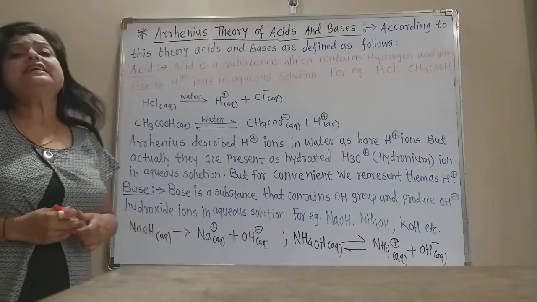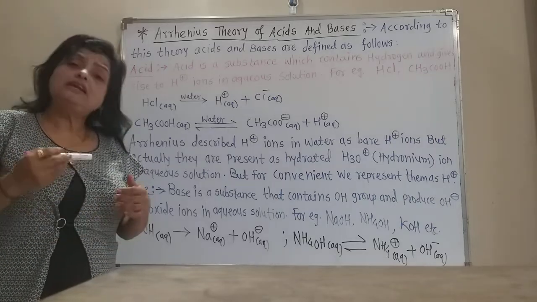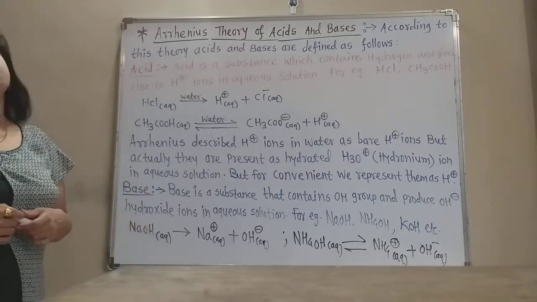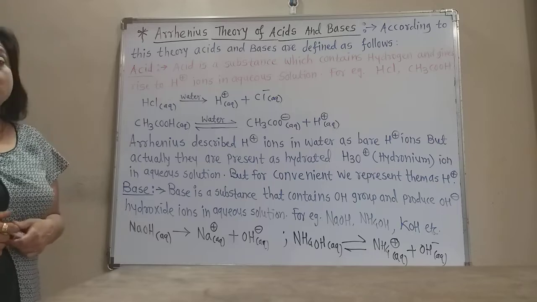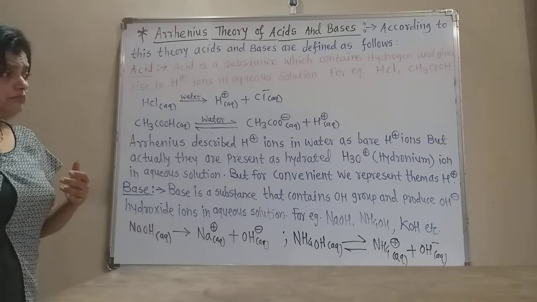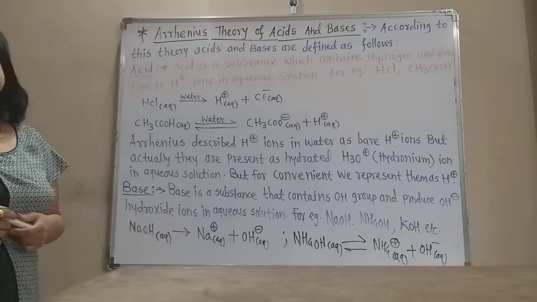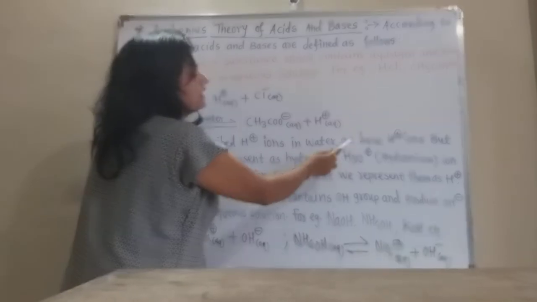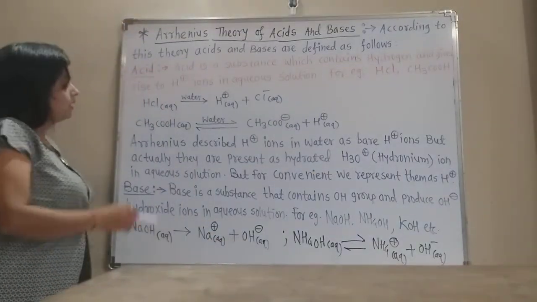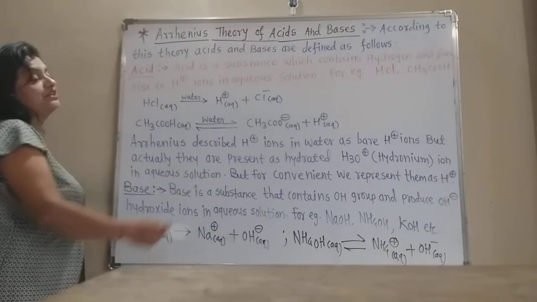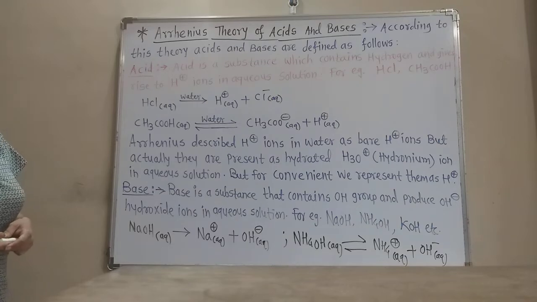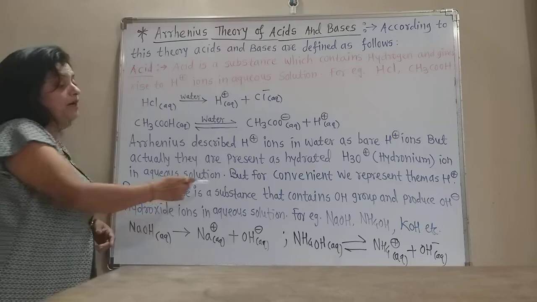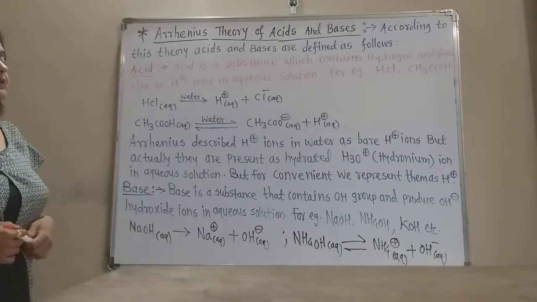But for our convenience, we always write H3O plus ions as H plus ions because their enthalpy of formation is the same. So Arrhenius described H plus ions in water as bare H plus ions, but actually they are present as the hydrated H3O plus hydronium ion in aqueous solution. But for convenience, we represent them as H plus ions.